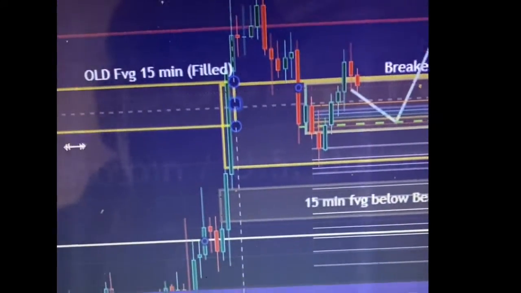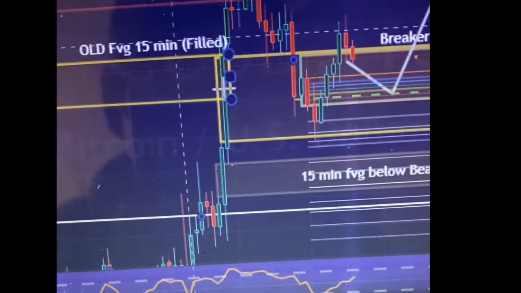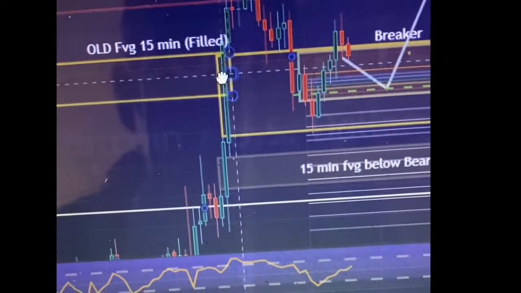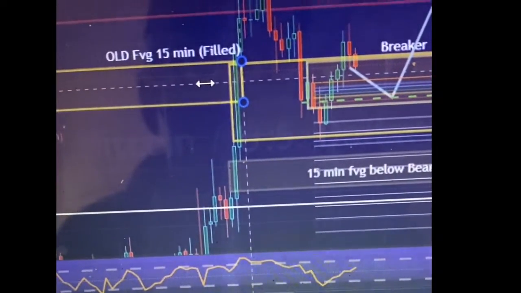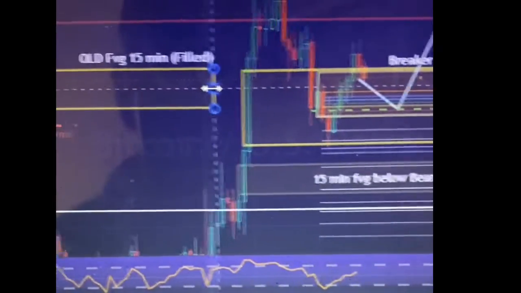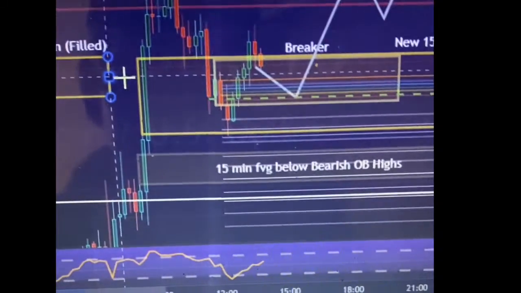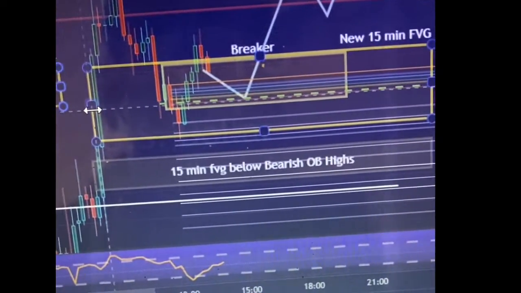So I started looking at the current formation, and what we have in here is another 15-minute fair value gap. This one's the old 15-minute fair value gap, and it has been filled. So what I want people to do is, now that it has been filled, even though the algorithm still remembers these levels, put it out of your mind for now, because there are new levels. New levels are here.